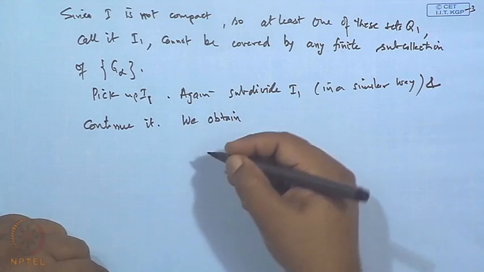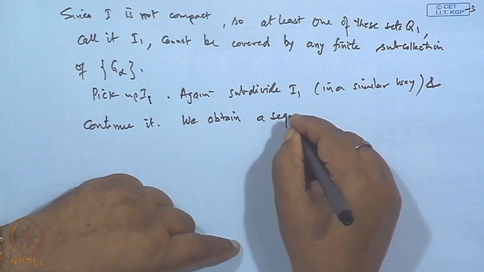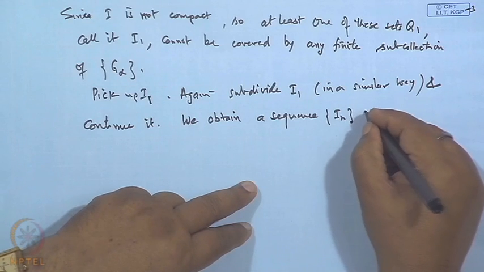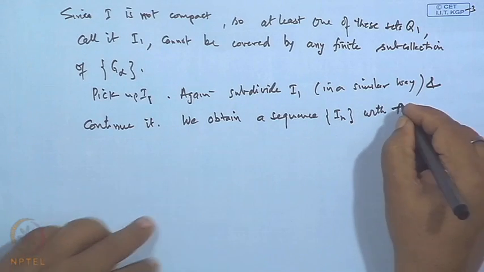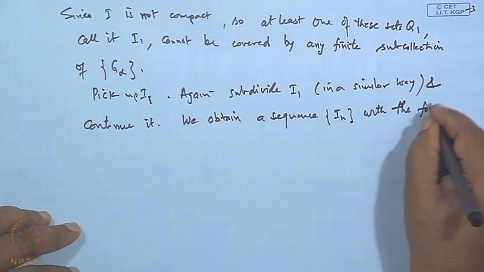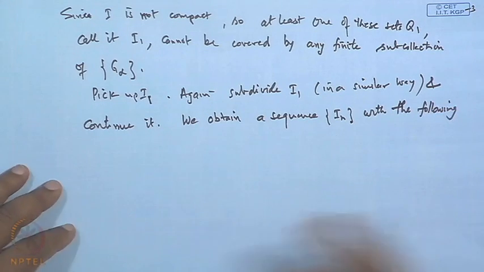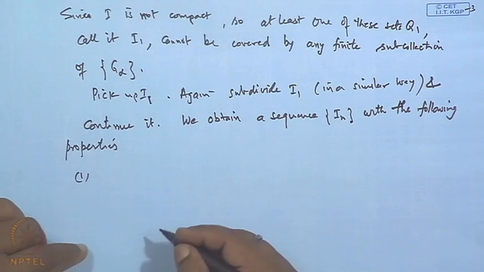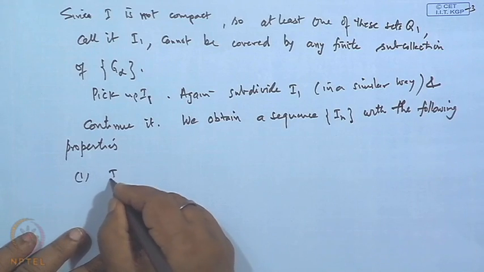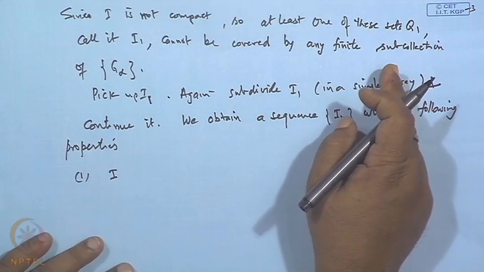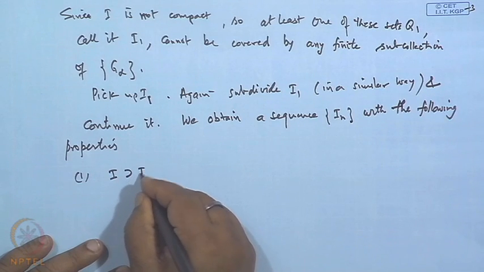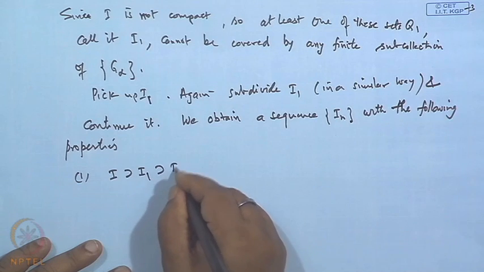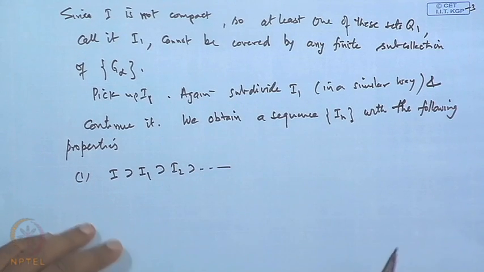In this process we obtain a sequence I_n with the following properties. The first is that the cells satisfy this inclusion: I contains I_1, contains I_2, and so on, they are of decreasing nature.